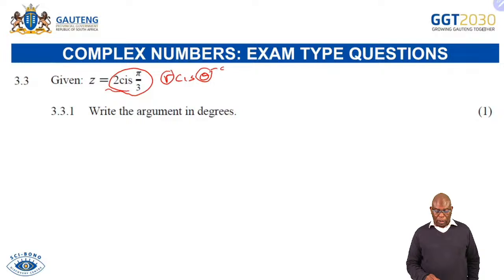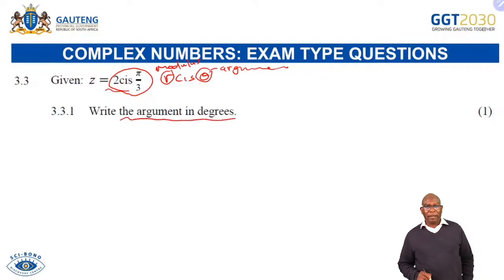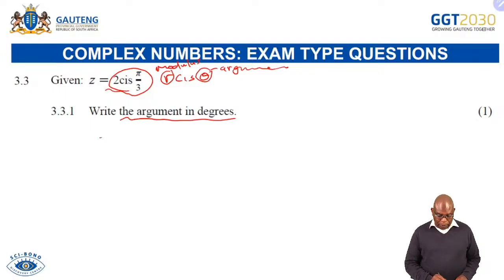Let's use the correct language there. This is the argument, and this is the modulus. Now they say write down the argument in degrees. Oh, that is what I was talking about. The argument now is in radians. Now we must write it in degrees. So we'll say pi over 3.